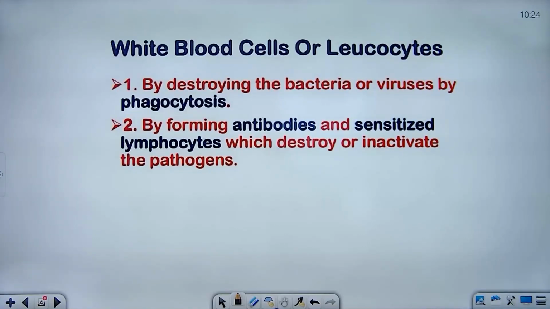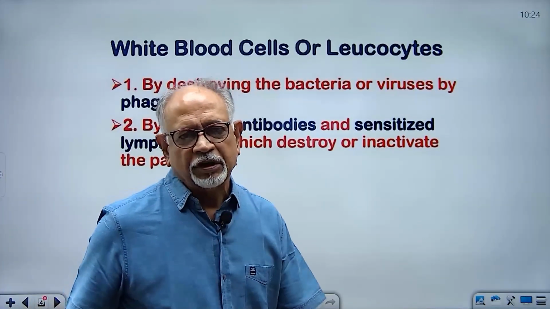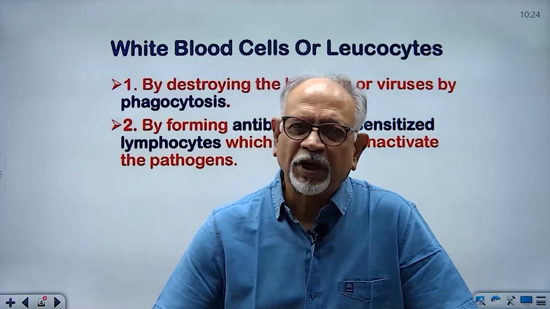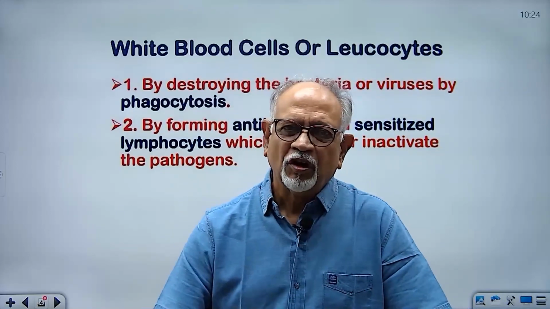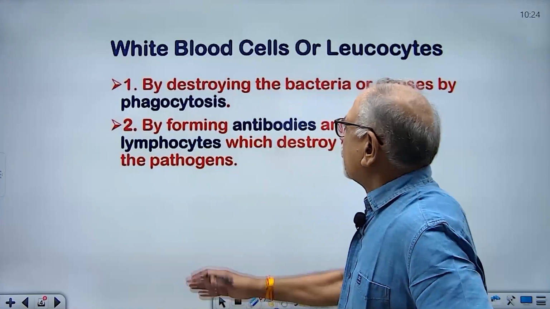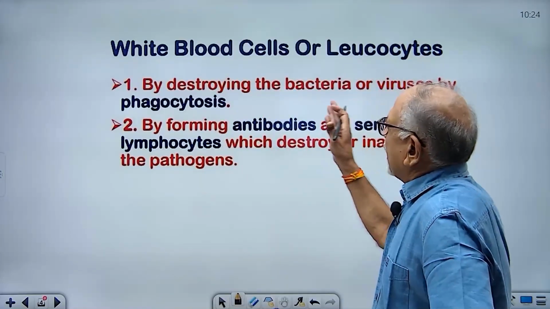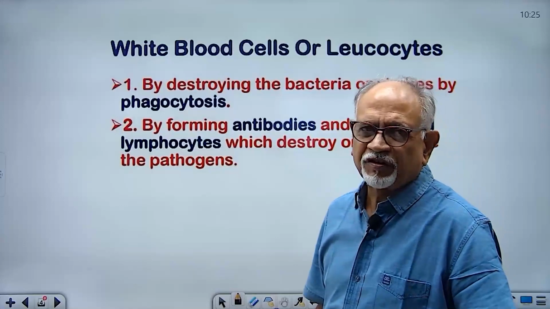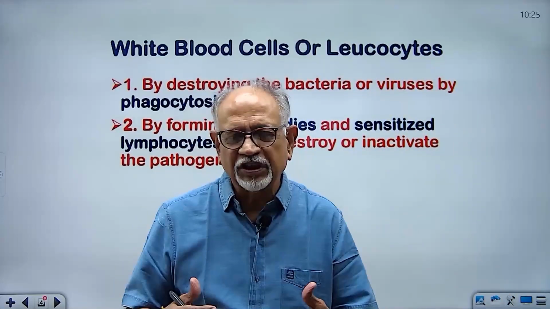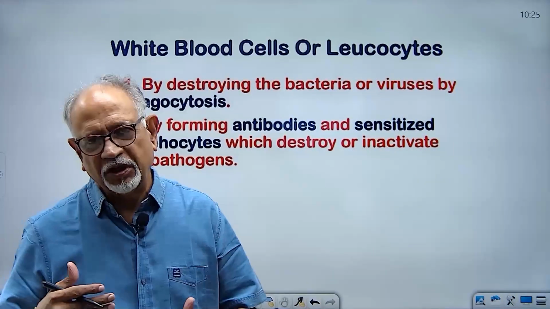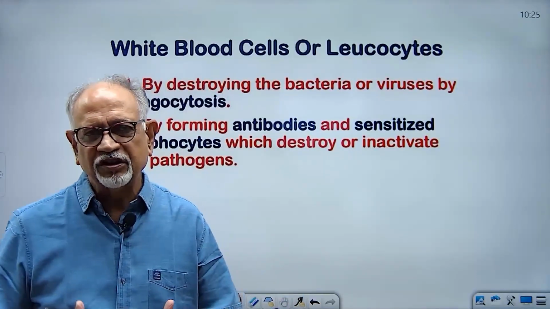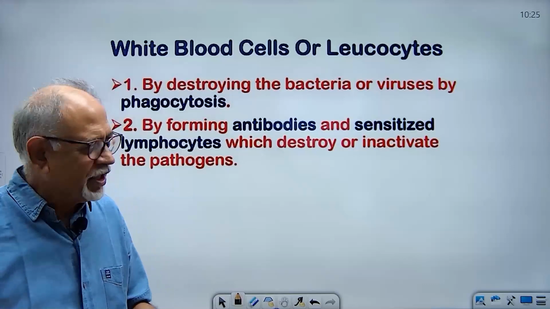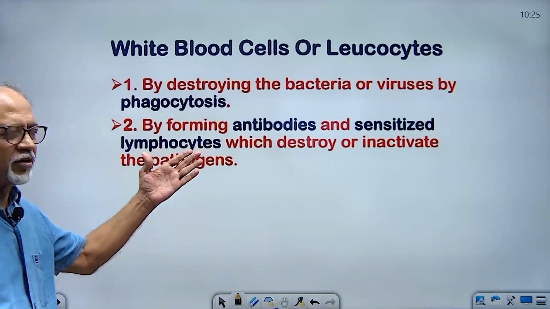Now, the leukocytes play their role in the defense mechanism of immunity in two ways. One is by acting as phagocytes. They engulf the foreign material, the foreign pathogens, and then digest them. In this way, they eliminate the pathogens from our body.